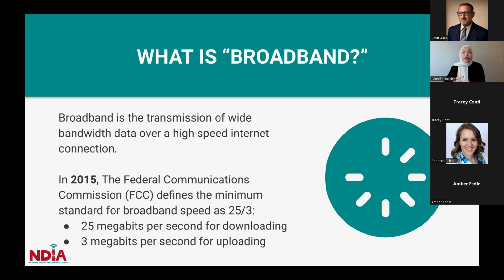You have 2 individuals that are either working from home or taking online remote classes. You're streaming videos in HD. You're in a Zoom meeting right now, or you're playing video games casually. You're actually going to need 100 megabits per second for downloading, not 25. So I hope that kind of gives a perspective of how 25/3 is not enough for speeds right now.